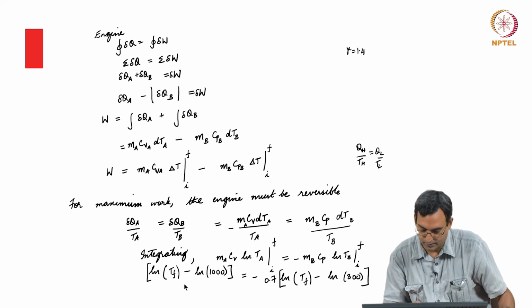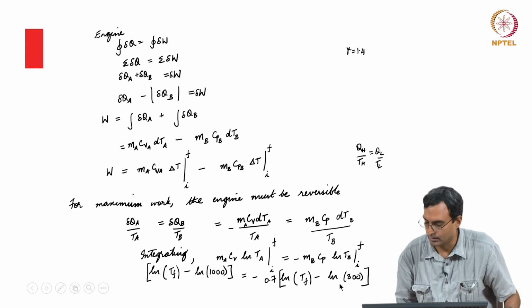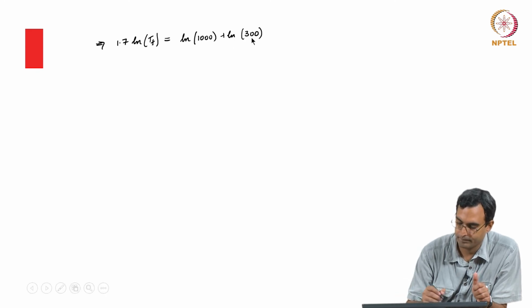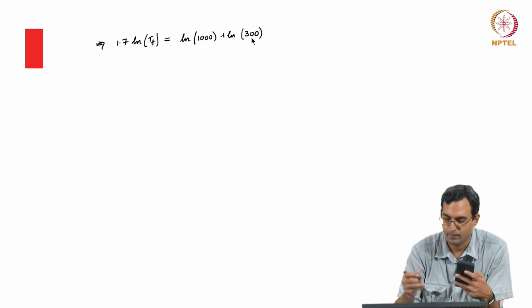Did I take the signs correctly? So, this was minus, this became plus, okay. This goes to the other side, it is ln 1000, and this minus into minus is plus, so that is ln of 300. So, I need to find out what T final is from this.